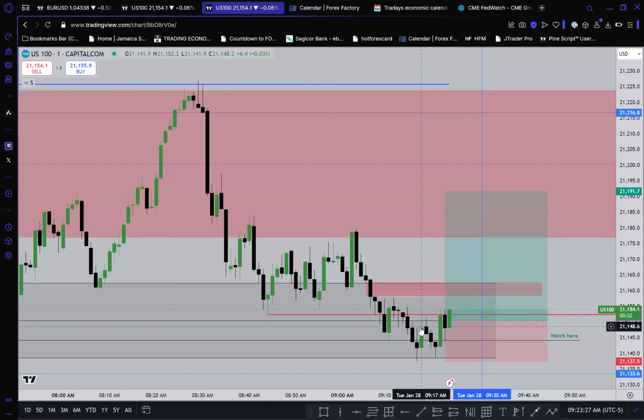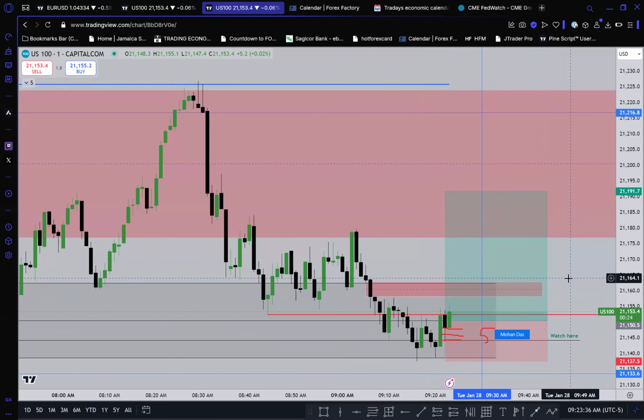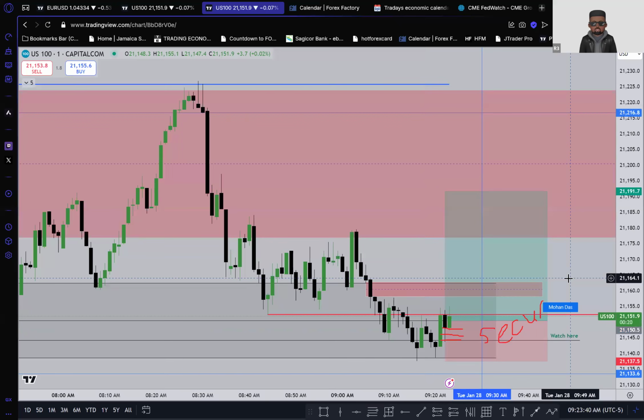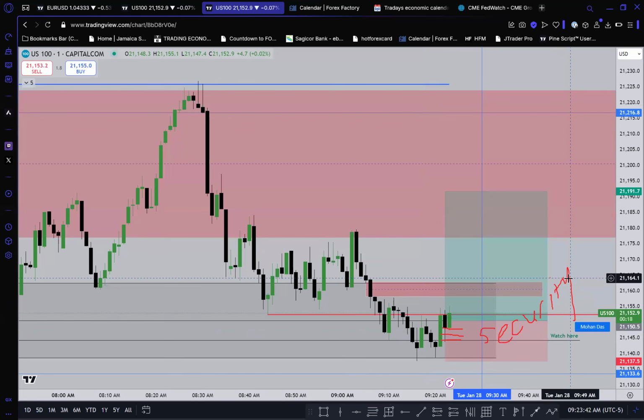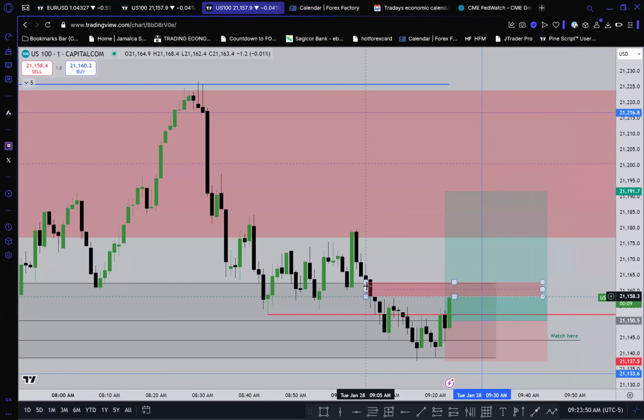Well, below the open, yeah. Moan said he went long right there. All right, so confirmation coming up. This is what we want.